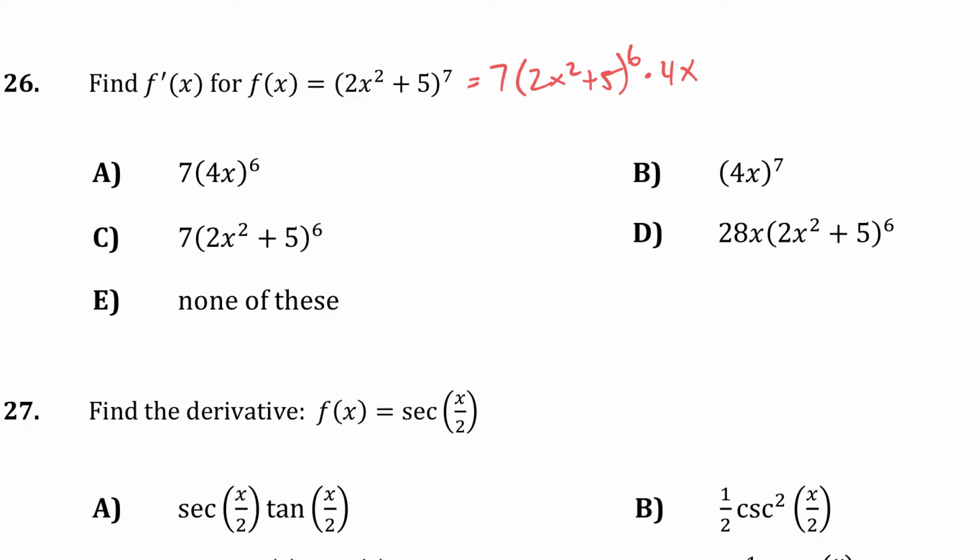Can I just do that right there? Well, I think we got kind of lucky here. 7 times 4, if we just multiply those two together, that's 28x, and then times 2x squared plus 5, all taken to the 6th power, which looks like it's d right there.